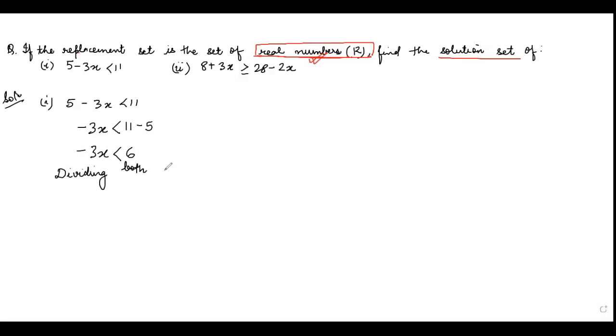So that means minus 3x divided by minus 3 less than, whether it will be less than or greater than, you tell, whether the sign will change. You people think. And this side also I am doing 6 divided by minus 3.